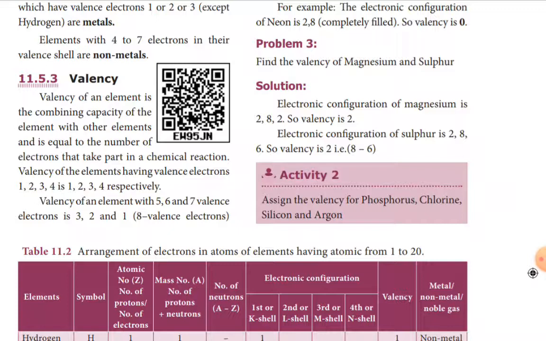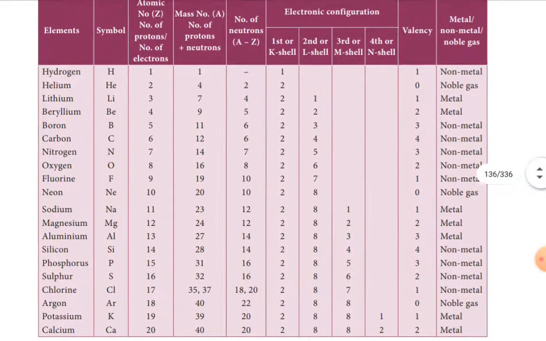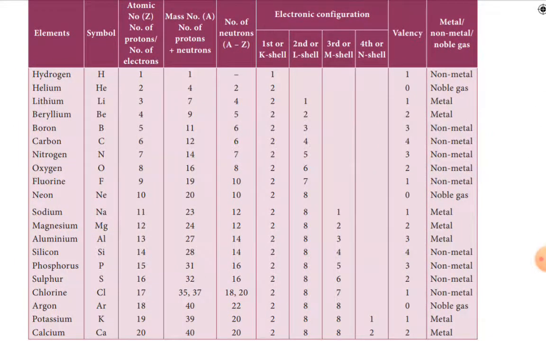The outermost shell possessing 8 electrons means that the atom is stable in nature. It attains stability, so those atoms will not take part in chemical reactions by donating or gaining electrons. So their valency is 0.